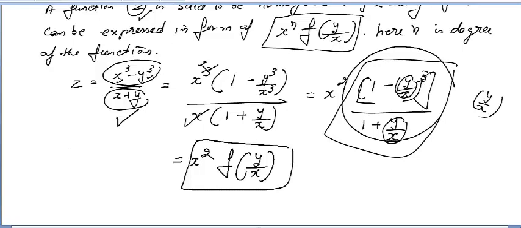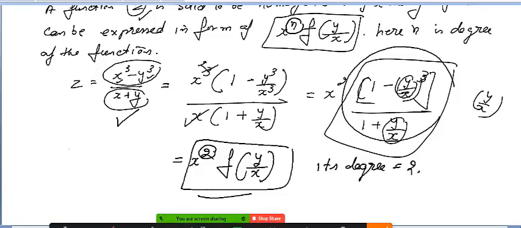Now see, whatever the power of x is, that is the degree, so its degree is equal to 2. Now, whenever you have a homogeneous function, you must find its degree. If you are not able to convert any function into this form, then it will not be a homogeneous function, and then there is no degree. So first you have to check whether it is homogeneous or not, and if it is homogeneous, then what its degree will be.